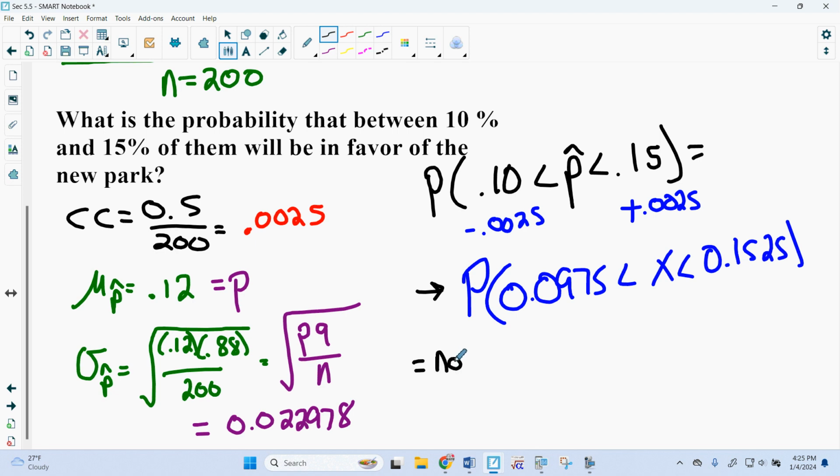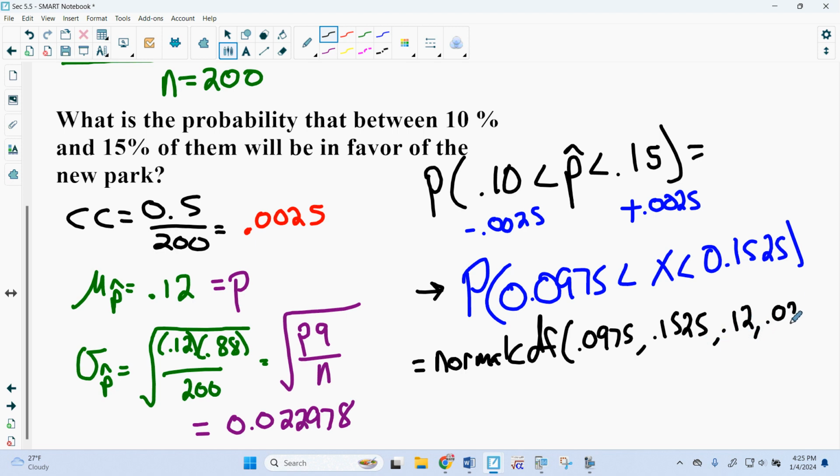So now we can go to normal CDF, and we now have it converted to a normal distribution. We can put that in, and we can get 0.7576.